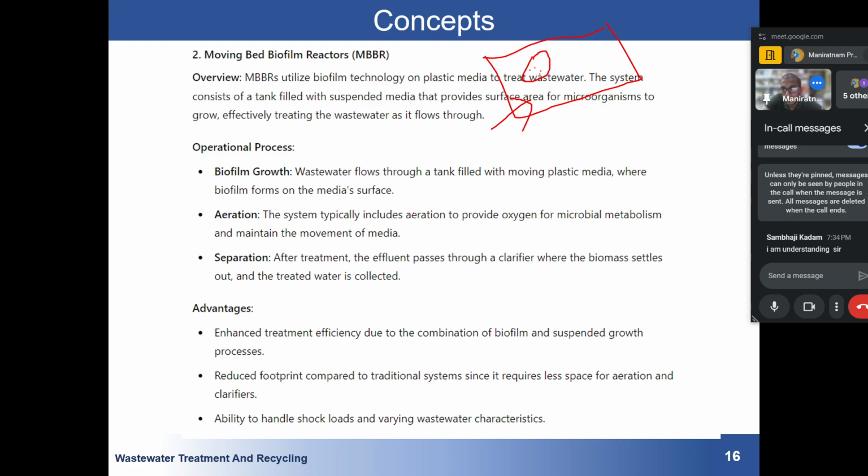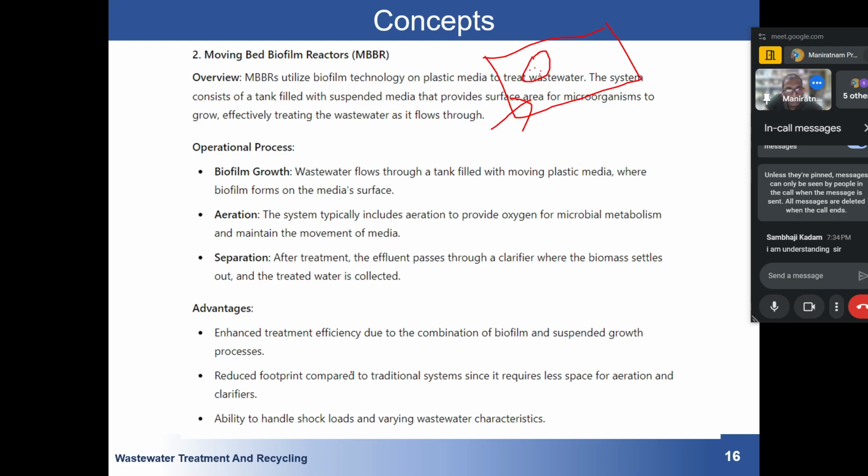Okay, so enhanced treatment. I hope you understand: we have this biofilm reactor, some kind of media will be there, water will be passing, there will be some kind of degradation, and we will have high quality effluent. Enhanced treatment efficiency due to the combination of biofilm and suspended growth process, and reduced footprint compared to traditional methods.